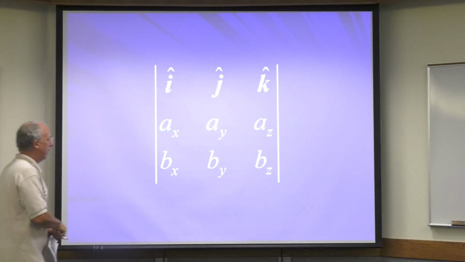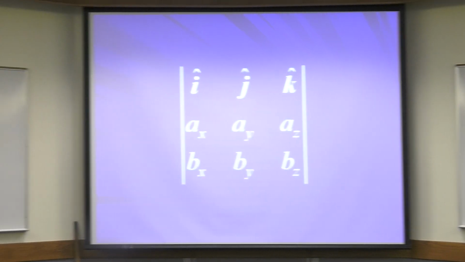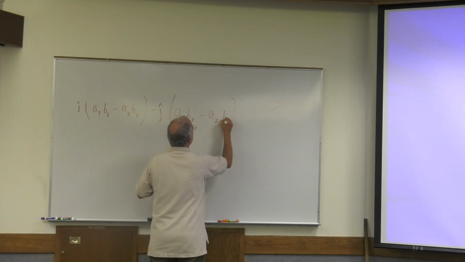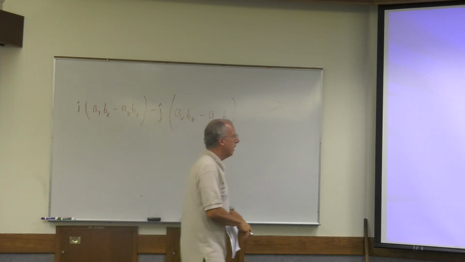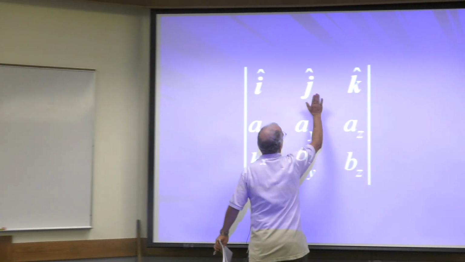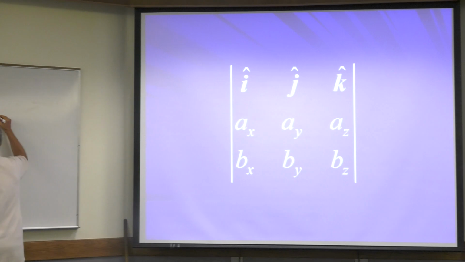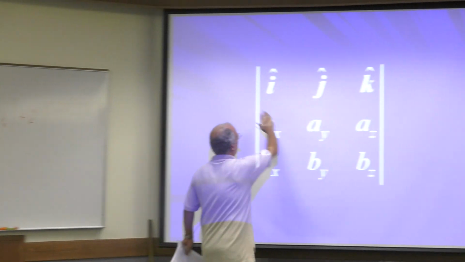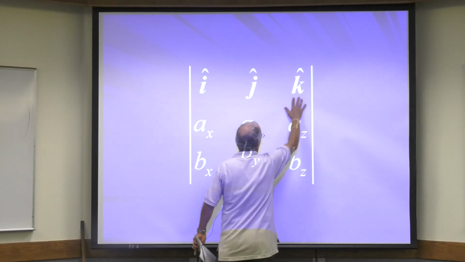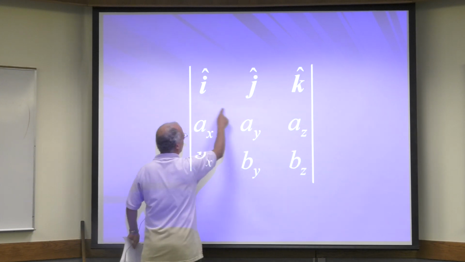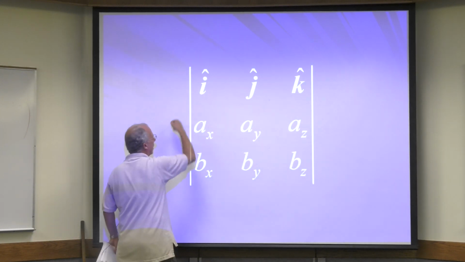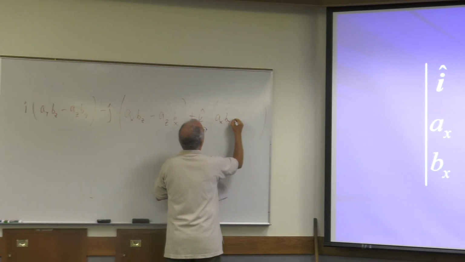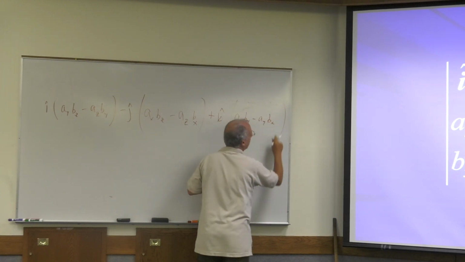So AXBZ minus AZBX, right? Okay, now plus, minus, plus, so we have plus K hat, all right? So you cross this out because it contains a K, you cross it out because it contains a K. Now you have this 2 by 2. So same as always, that product minus that product. So AXBY minus AYBX. There you go.